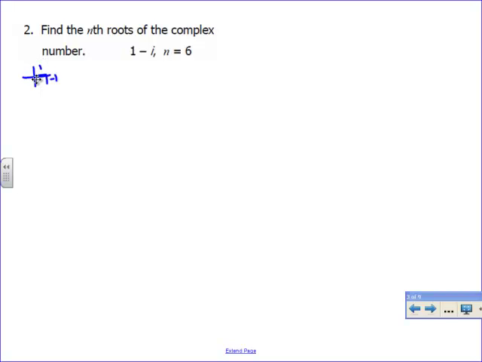If you try to solve for r, you'd get the square root of 1 squared plus negative 1 squared, which would get you the square root of 2. Your tangent inverse would be of negative 1 over 1, which is going to give you a theta. It's either a 2nd quadrant or a 4th quadrant, and we know it's down in the 4th because tangent was negative.